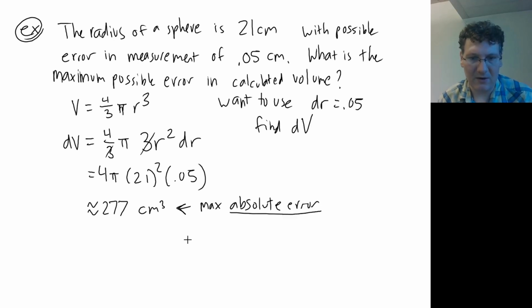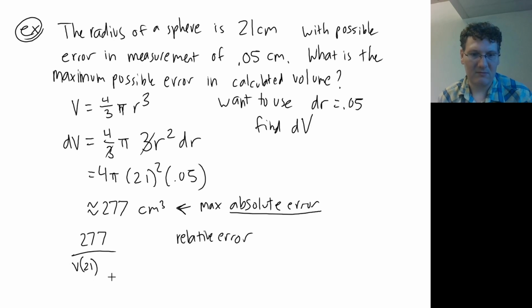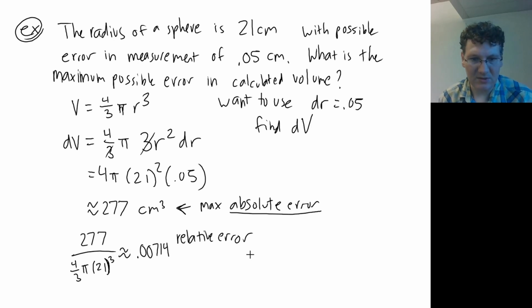The relative error can be found by dividing this by the volume at 21 centimeters. So that would be 277 divided by the volume for 21, which is 4/3 pi times 21 cubed, which comes out to be 0.00714.